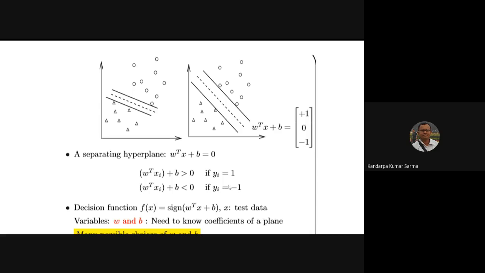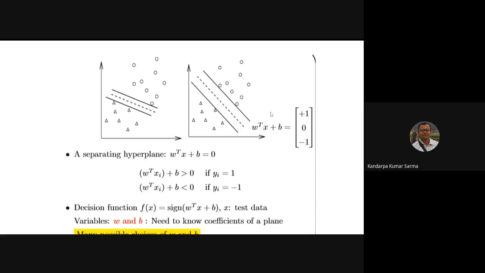So as we have found beforehand, the decision function will be generated using the signum function, taking value w transpose x plus b, where we have the small x to be the test data, and the variables w and b can have several choices, and those can be selected in such a way that we can lay the plane as per the requirement.